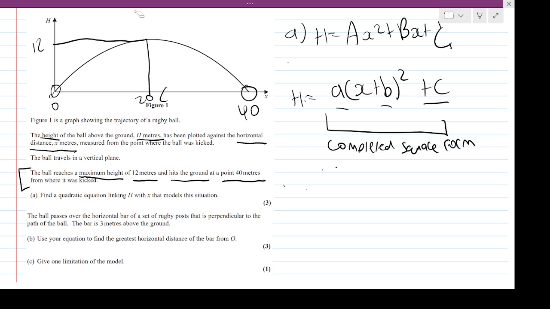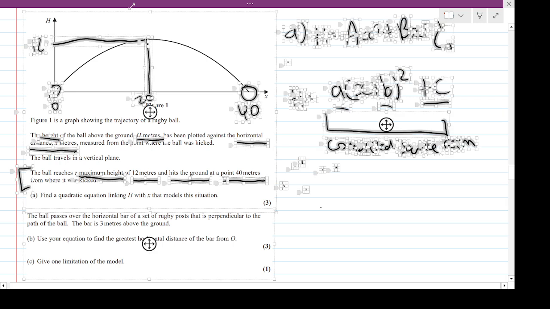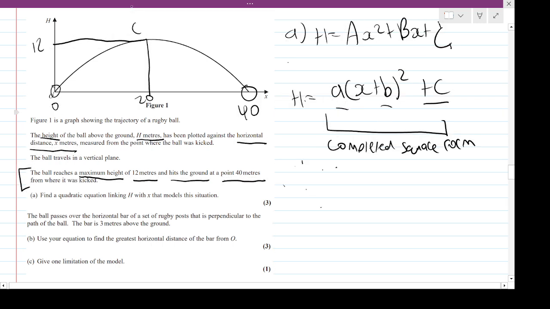And remember, we did briefly talk about it, but we can create a mirror line, the line of symmetry, and that is at the turning point. The turning point splits the curve in half, so the same distance on the left from 0 to 20 has to be the same on the right. So it has to be 20 either side. Cool. So now we've got all the information to work out this turning point here, which is when x is 20 and h is 12.